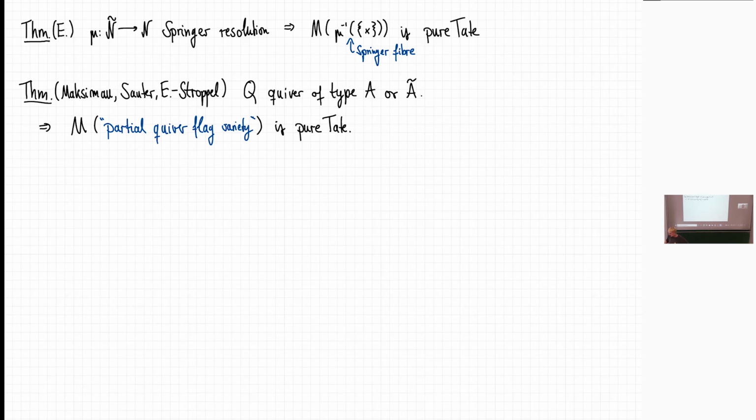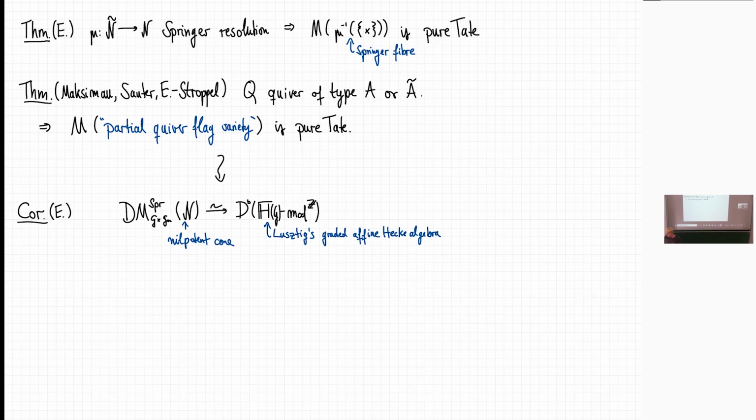And in type A tilde, so for affine type A quiver with the cyclic orientation, we proved, together with Catharina Stroppel, that those partial quiver flag varieties also admit an affine stratification, which makes their motif also pure Tate. This means that we can apply this whole theory I explained to you before also in this setting. So now let's look at corollaries.